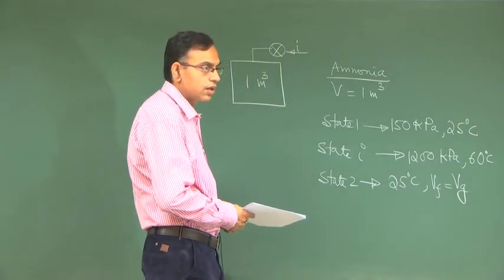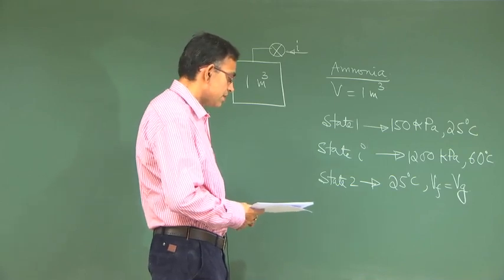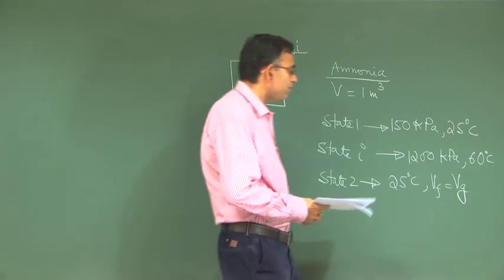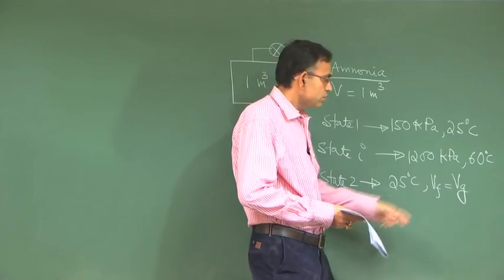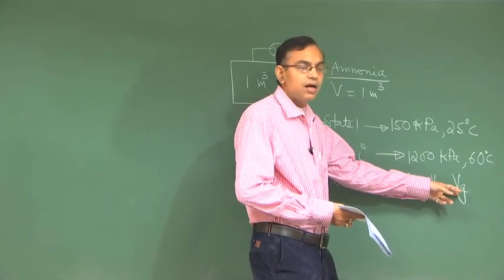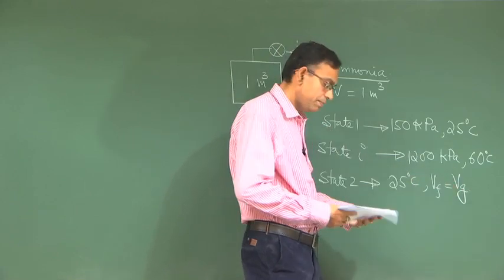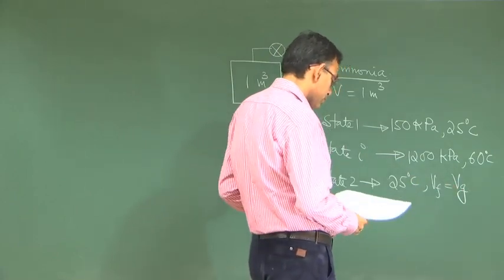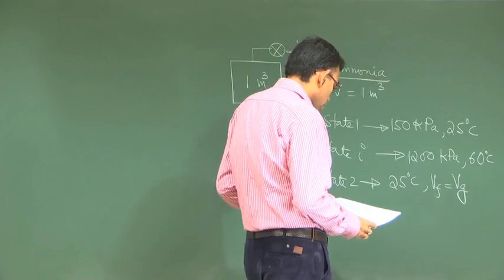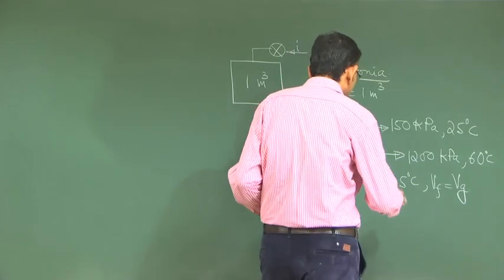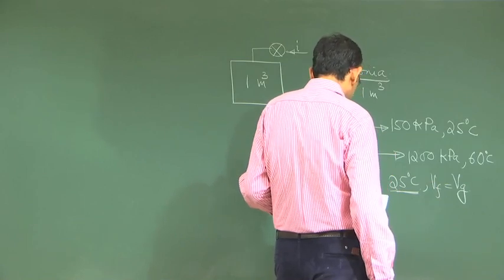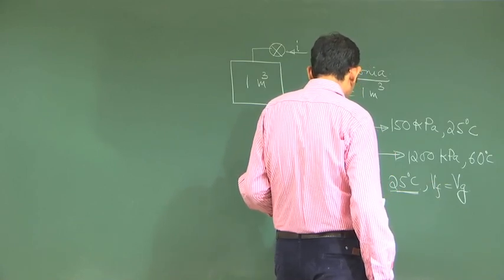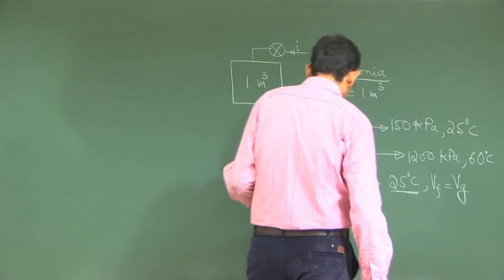So, that is, the tank is half full of liquid, which means the remaining half is vapor. So, the volume of liquid and the volume of vapor are the same. So, you have to find out the heat transfer.